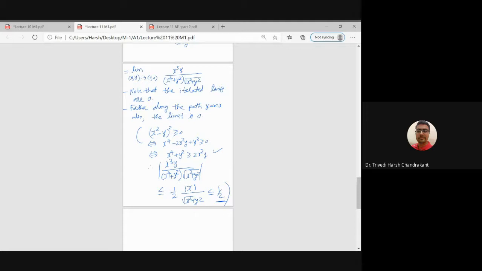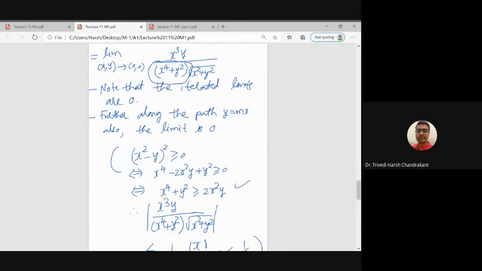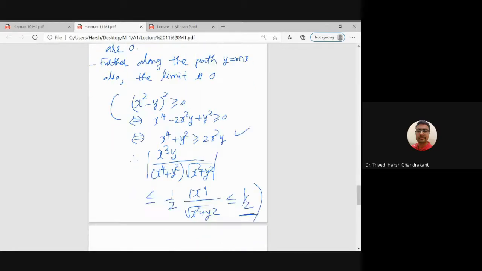To find the third path, sometimes it is helpful to look at the denominator term. Here the denominator term is x power 4 plus y square. If we compare x power 4 with y square, we get x power 4 equals y square.